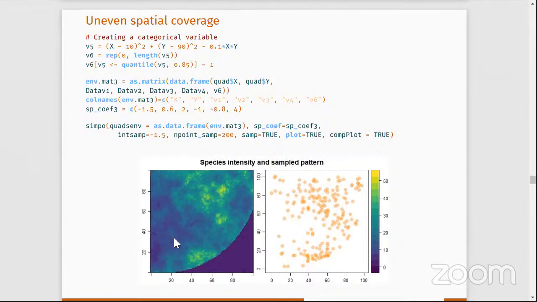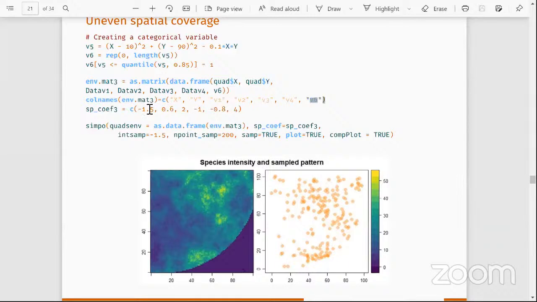That's still my true species intensity, but you see that this area is not accessible. We don't have any information. I just have to add these covariates to the rest of my environmental covariates, input it in my SimPoP function, and I get a degraded sample point pattern here where this area doesn't present any data point.